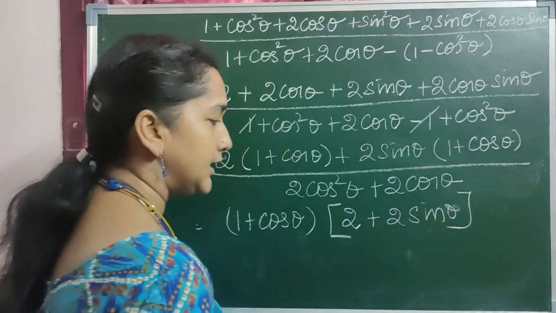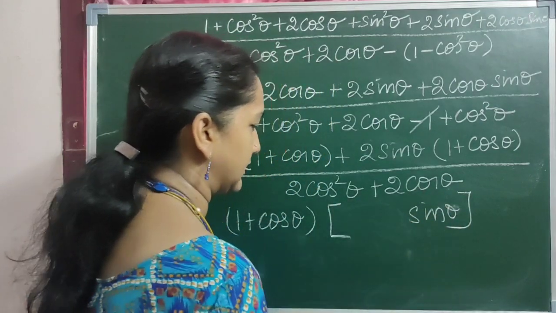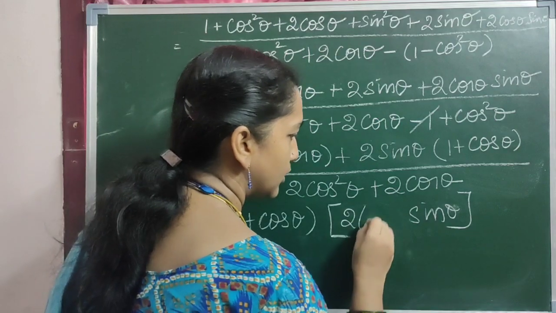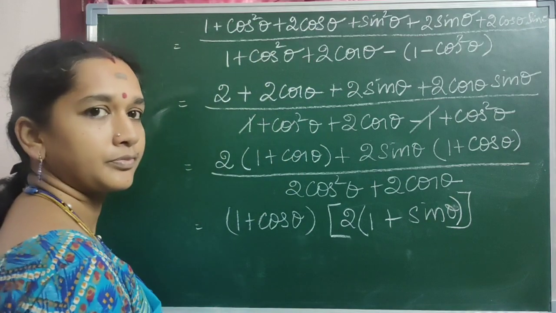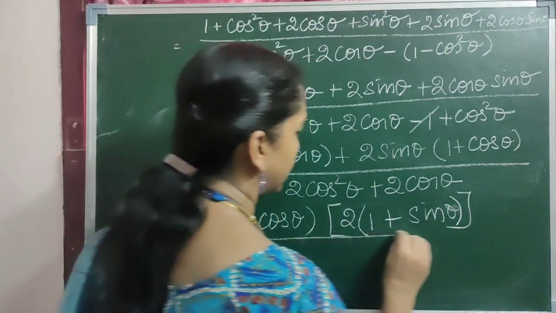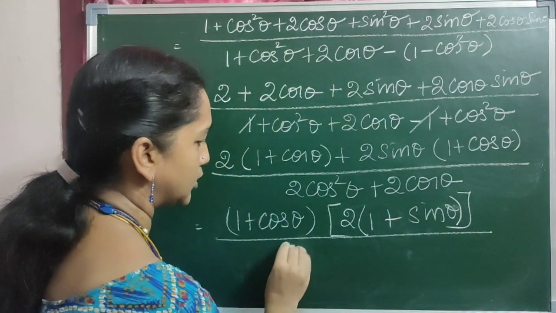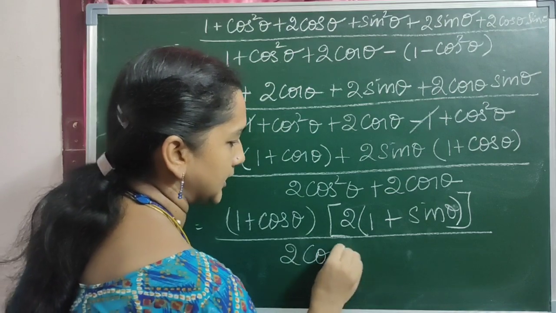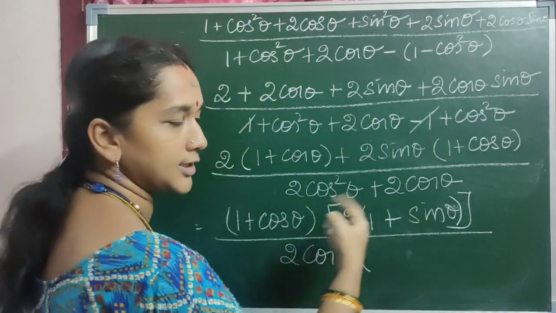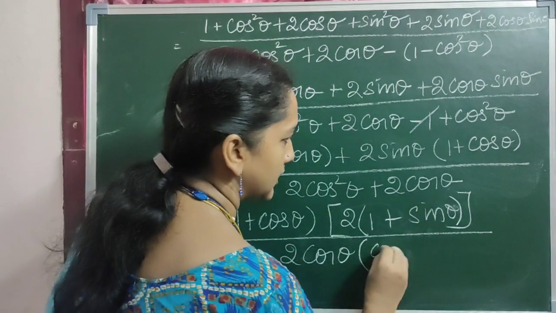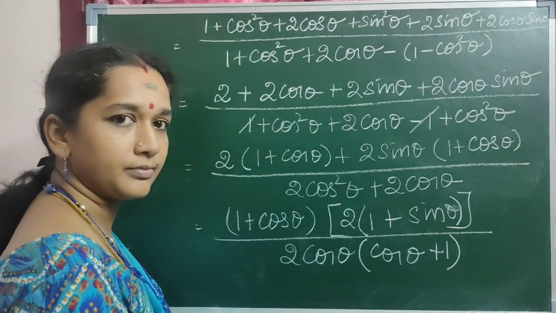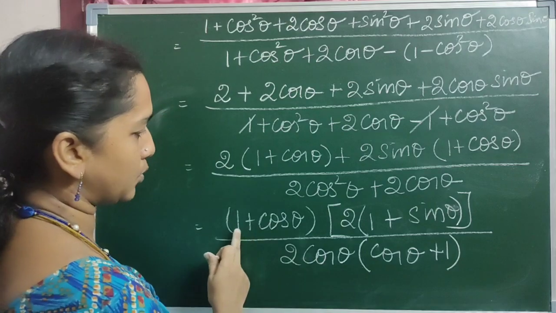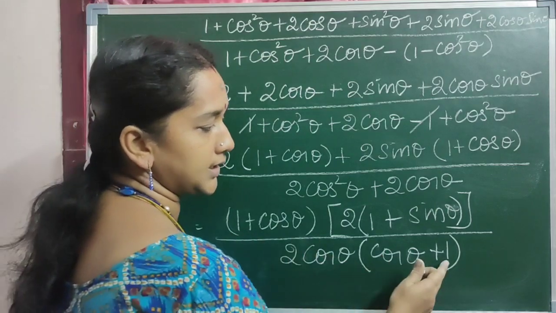So here itself I will write it like this: 2 into (1 plus sin theta). Or else you have to write it in one more step. That's all. When I take out 2 cos theta, balance will be cos theta plus 1.